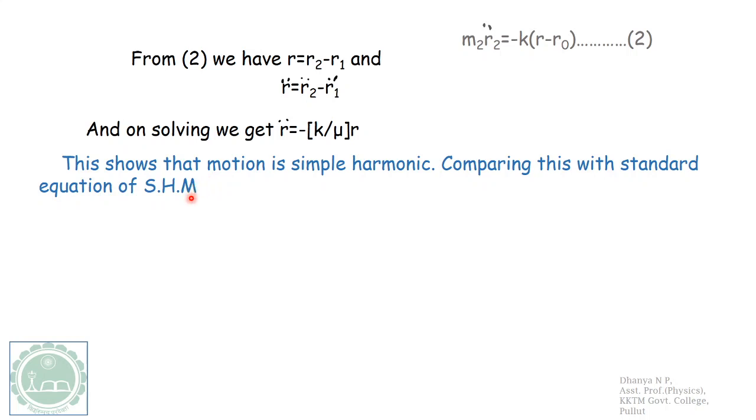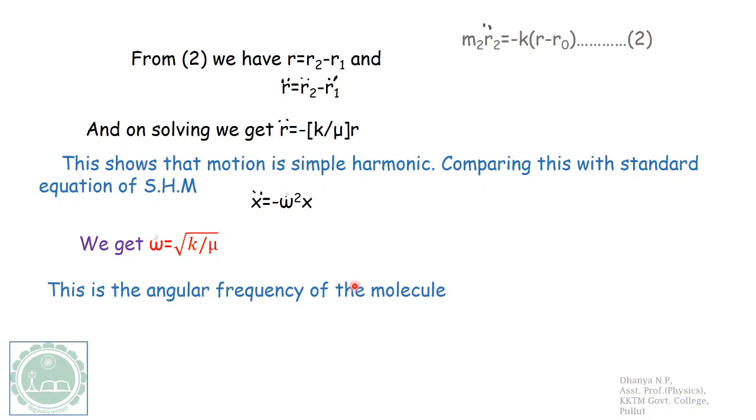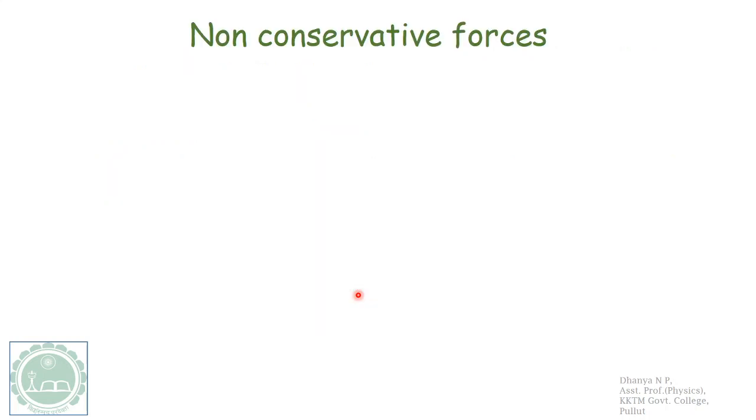In simple harmonic motion we have x double dot is equal to minus omega square x. Here r double dot is equal to minus k by mu into r. Comparing these equations, we conclude that omega square is equal to k by mu. That is, omega is equal to root k by mu, the angular frequency of the molecule.